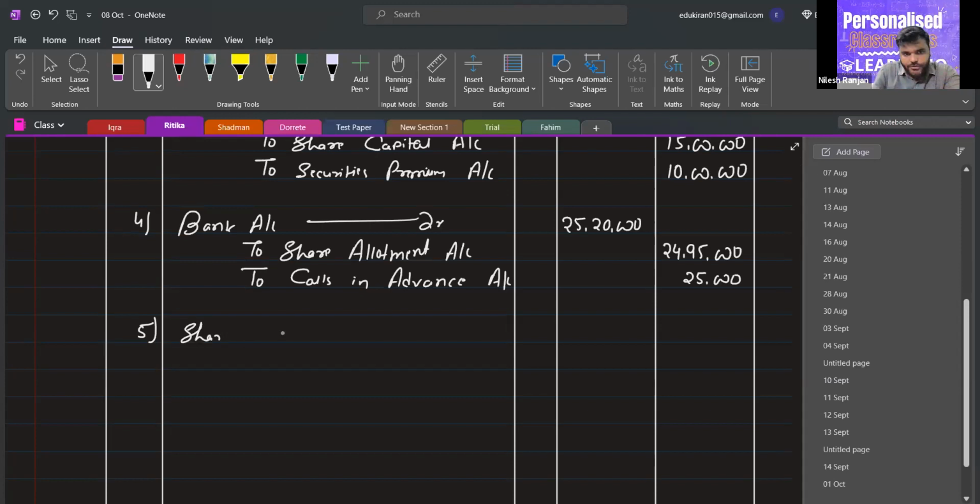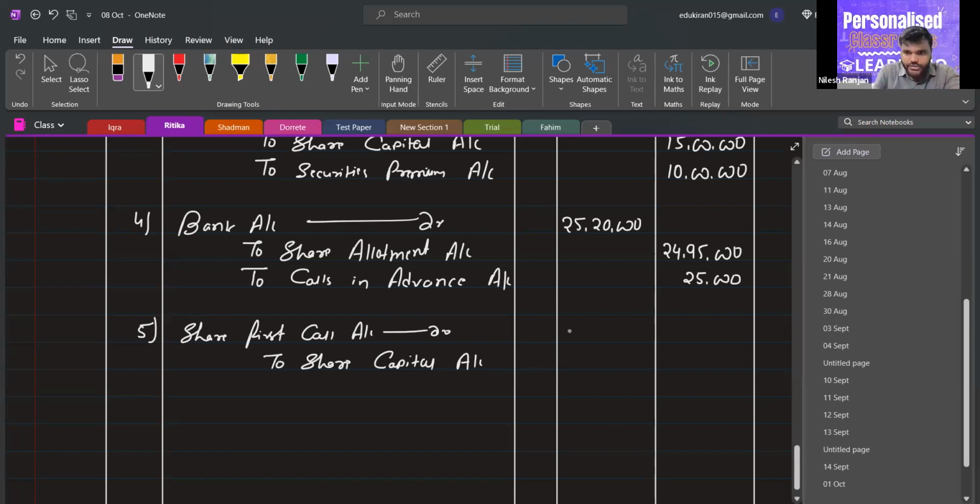Share first call account debit to share capital. So this is our next entry. It will be 5 rupees. So 25 lakh we will demand. But we will not receive the full amount.